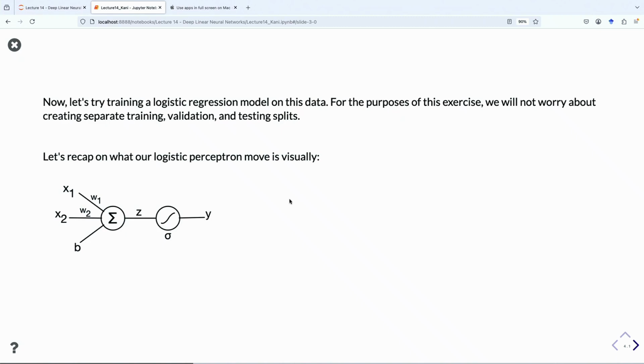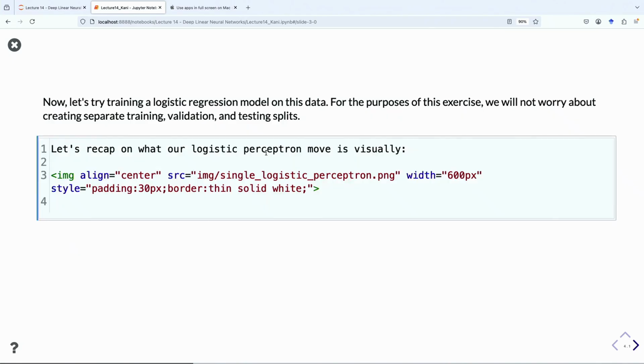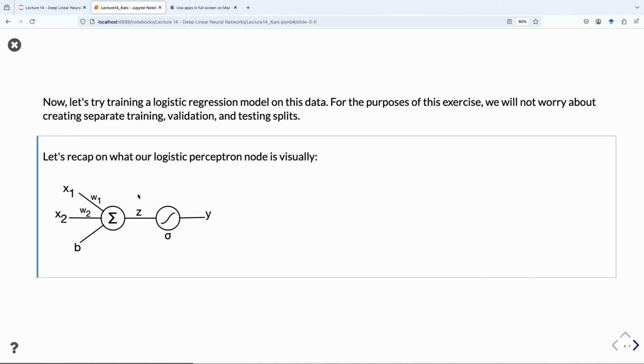So let's recap what our logistic perceptron, or node, is visually. It is a linear model that feeds into a logistic function.